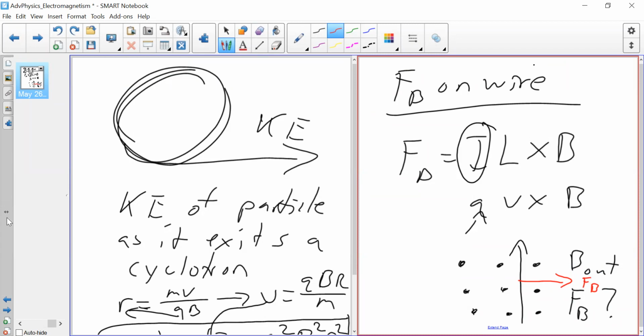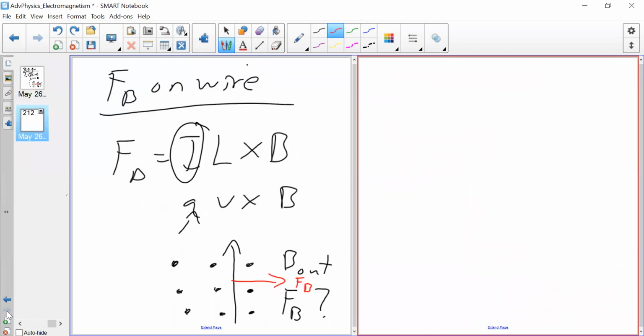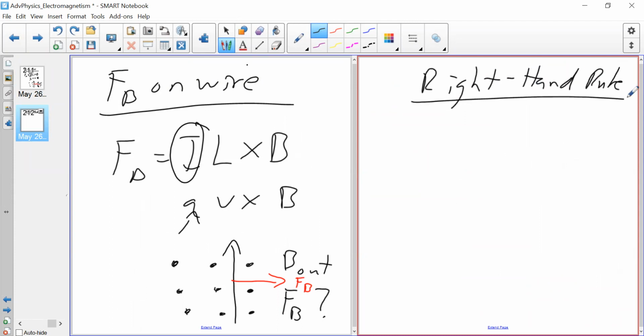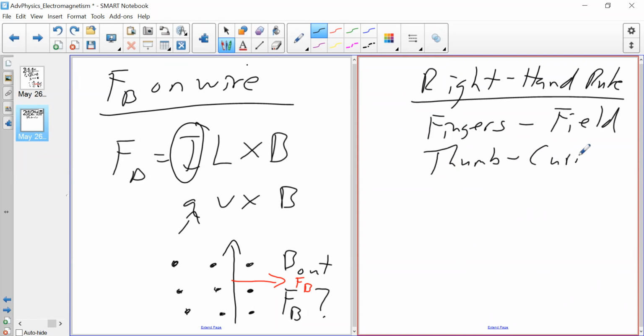So let me just specify, be clear. Again, same right hand rule. Fingers represent the field. Your thumb, now in this case, it's the current, which is up. Your thumb should be pointing up.